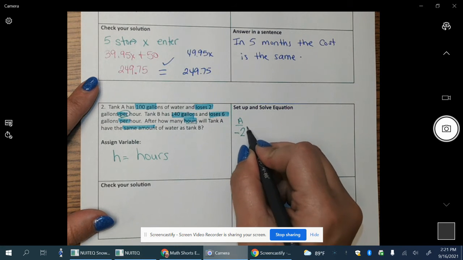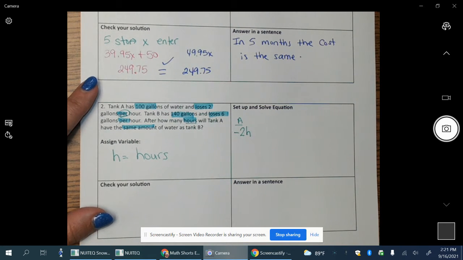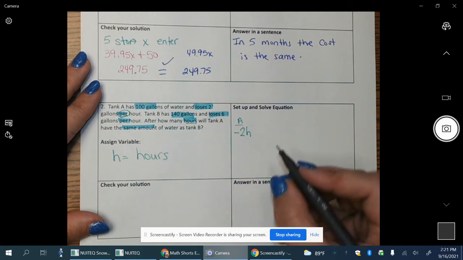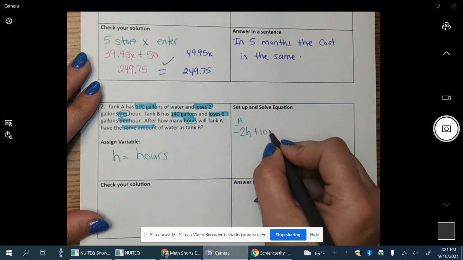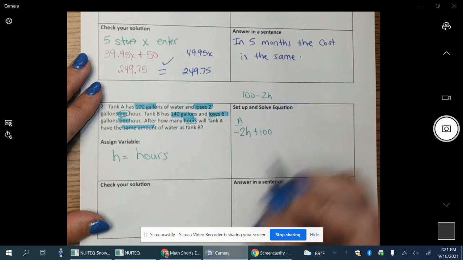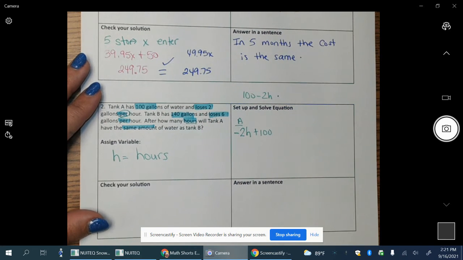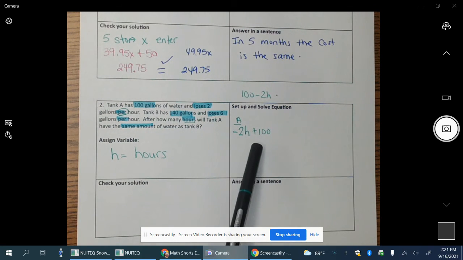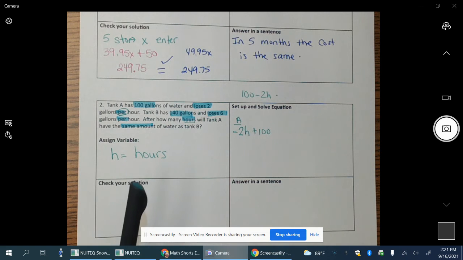Subtract 2H, because it says she loses. Now, what did they start with? What was the original number? 100. If this confuses you, you can switch them. I prefer this, but when they get you ready to start graphing, they want your X first. That's why we teach you to do it this way. But if it really confuses you, just rewrite it.